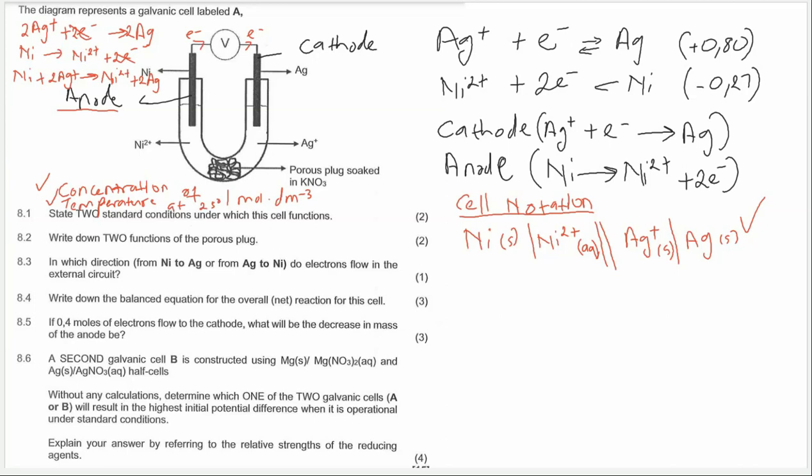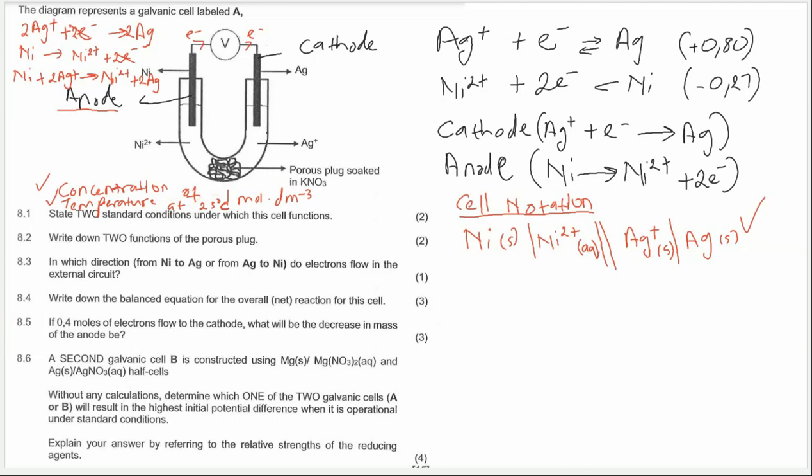So the cell will function properly when we have a temperature of 25 degrees Celsius. Let me write Celsius, because if I just write degrees only, that would indicate that I'm talking about angles, and we are not talking about angles. So temperature 25 degrees Celsius, concentration of 1 mole per cubic decimeter. So you get your 2 marks.